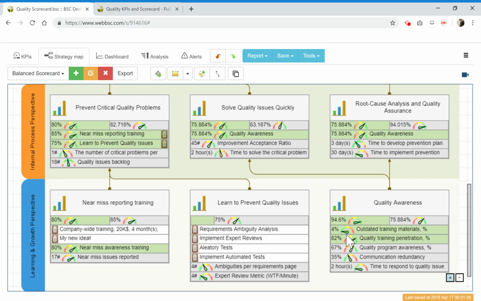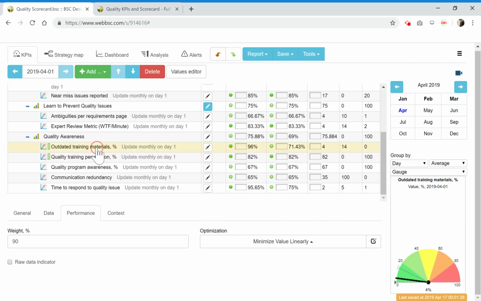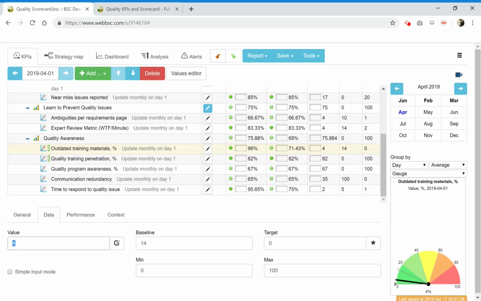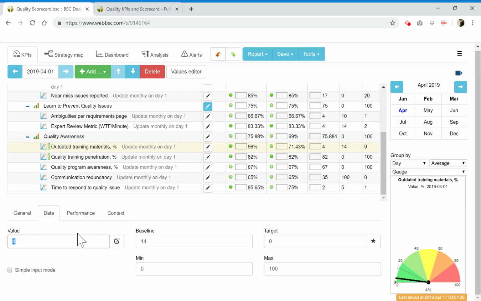Perfect. So we have outdated training materials at 4%, so almost no outdated training materials, and quality training penetration is 82%. Now, let's imitate a situation when we have more training materials that are outdated, not 4%, but 14%.